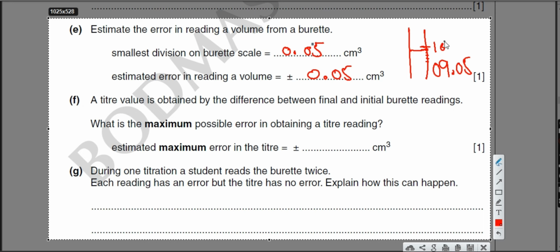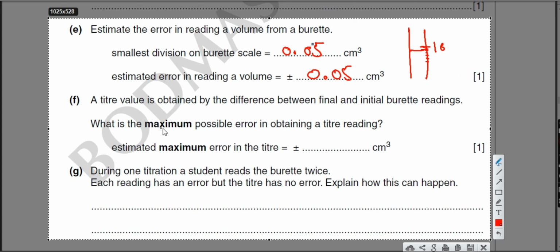So there is a chance of an error. You may go in the upward direction causing a plus error, or in the downward direction causing a minus error. Sometimes you may write it as 10.0 or 9.05. So there is a chance of error of adding or subtracting 0.05. Remember that 0.05 is the error.